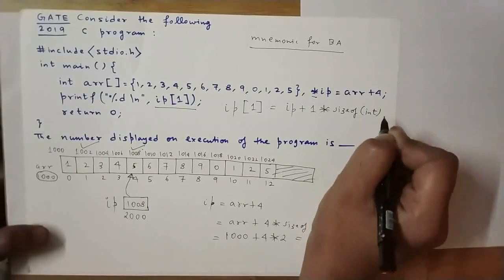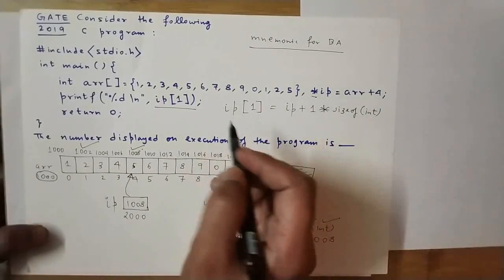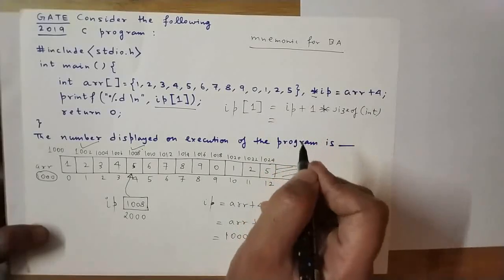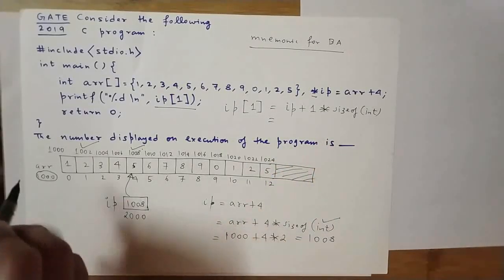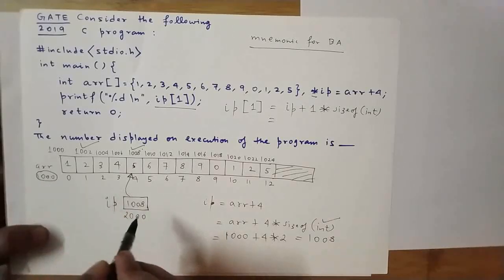Again, why sizeof int and not sizeof float? Because IP is a pointer to an integer. Now the interesting part is the value of IP is 1008. It's not 1000. I hope you're getting my point.